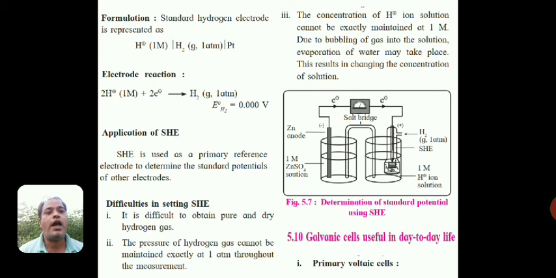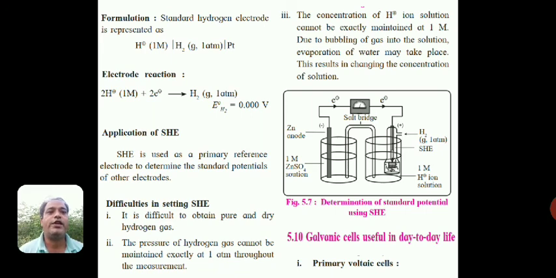So 1 atmospheric pressure should be there, the temperature should be 25 degrees Celsius, and the concentration should be 1 molar. In that situation we consider its standard value, that is E0 equal to 0.0 volt.